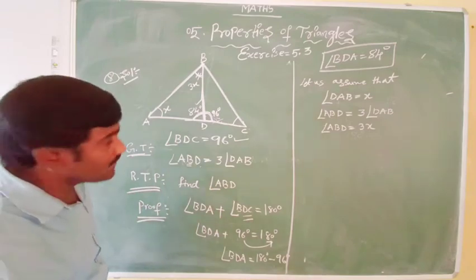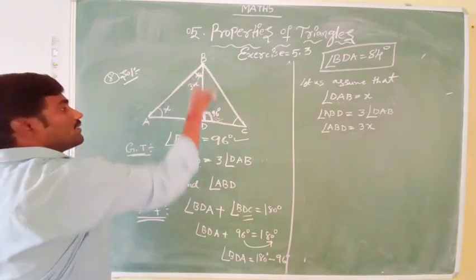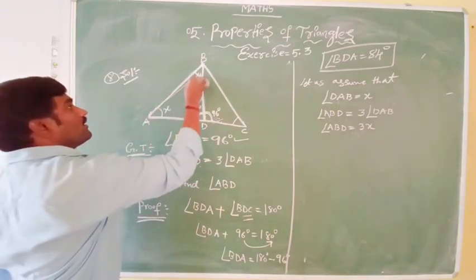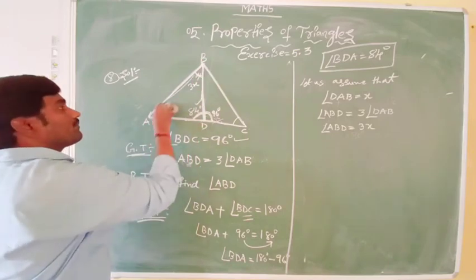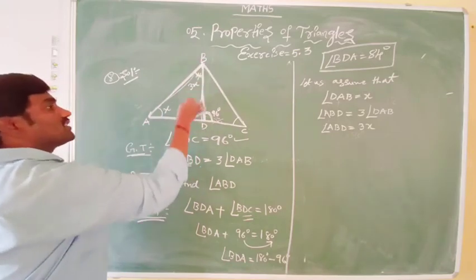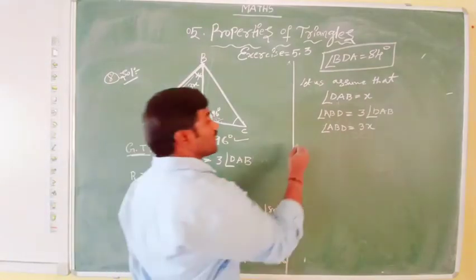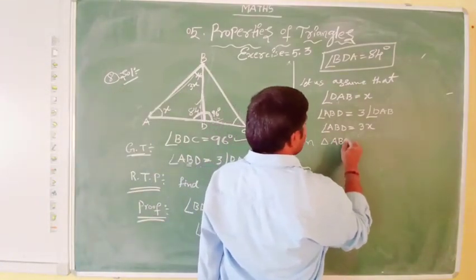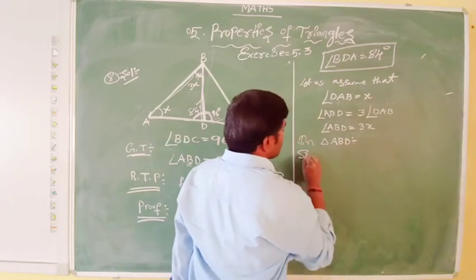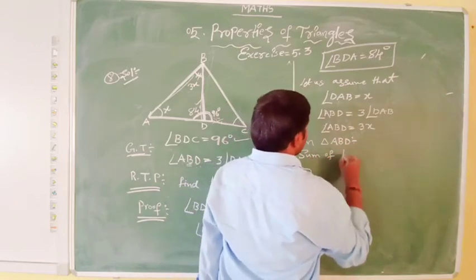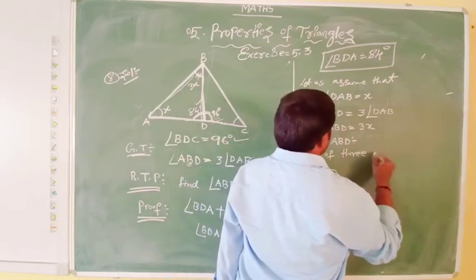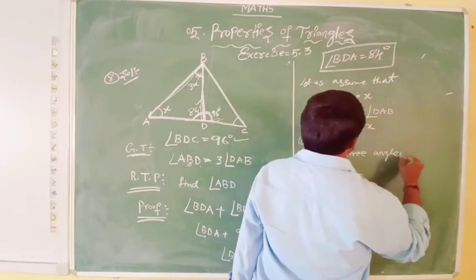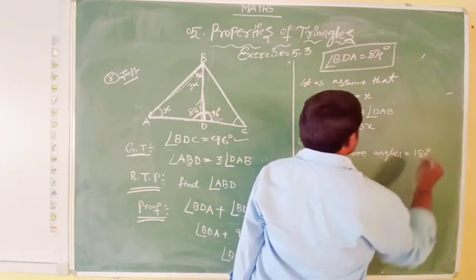Now if you see clearly, here we have triangle ABD. In triangle ABD, the sum of these 3 angles equal to 180 degrees, no? In triangle ABD, sum of 3 angles equal to 180 degrees.